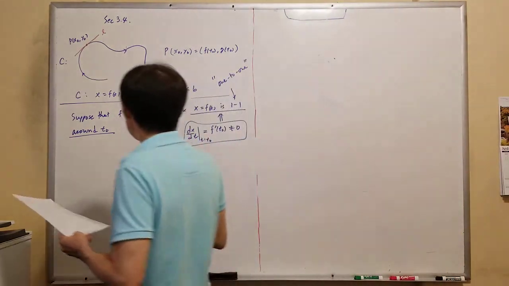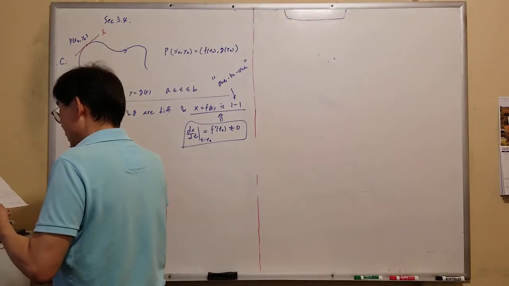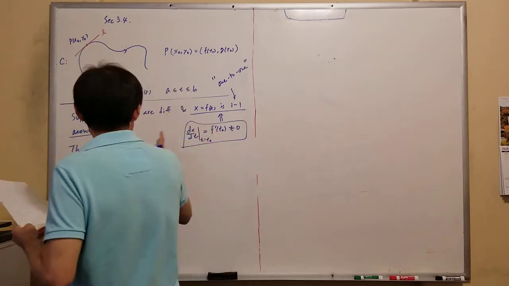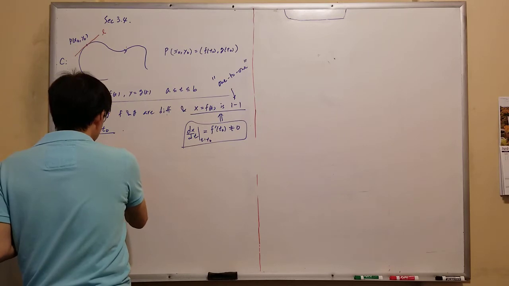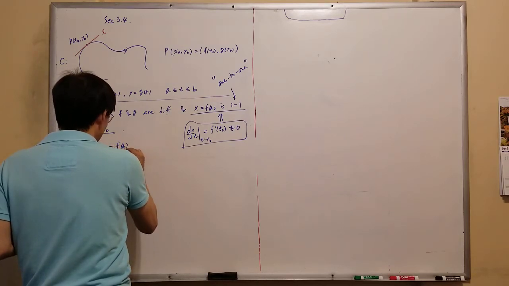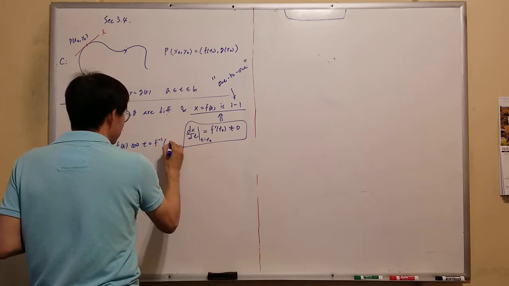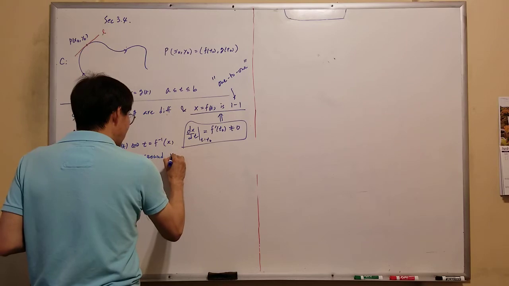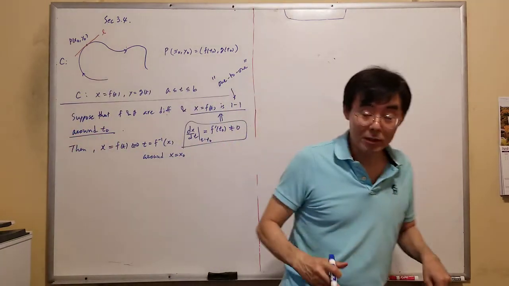Then locally it is 1 to 1, so we can think of an inverse function around x equals x0, where x0 corresponds to t0.